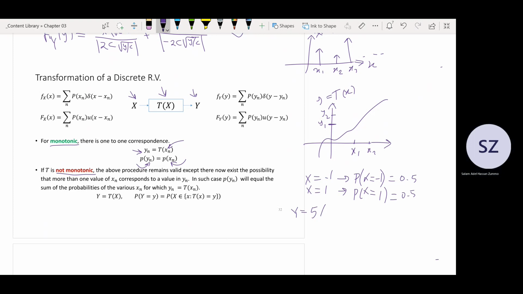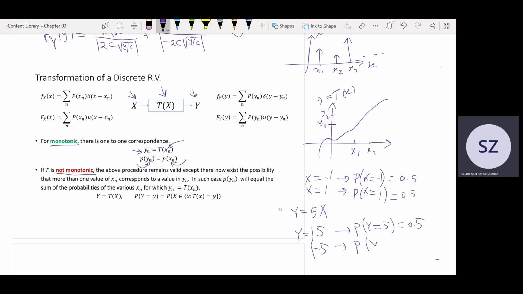Y will be either 5, with the probability of y equal 5 being 0.5, or minus 5, with the probability that y equals minus 5 being 0.5. Voilà.